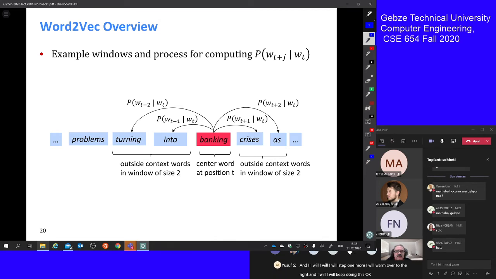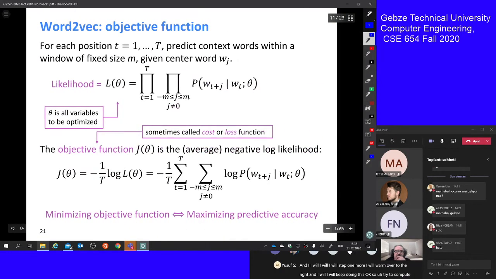Try to compute this probability, and at the end, I'd like to maximize this multiplication. This is a very large multiplication actually, from 1 to T. T is 1 billion.